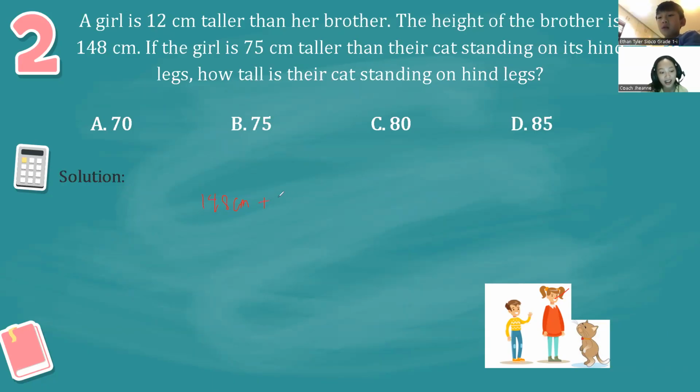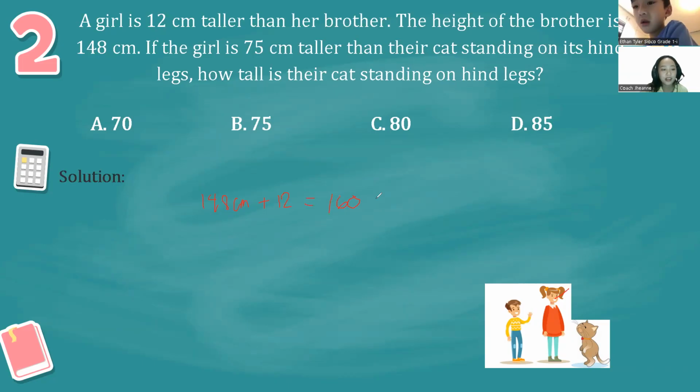We have to add 12 centimeters because she is taller than her brother. That would be equal to how much? 160 centimeters. So the girl has a height of 160 centimeters.